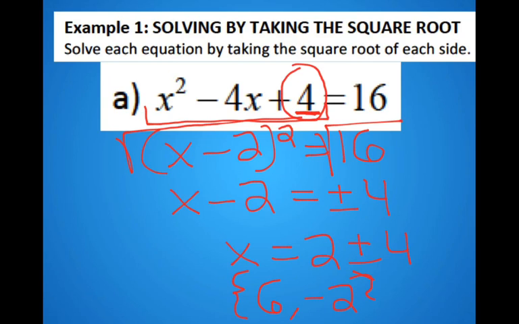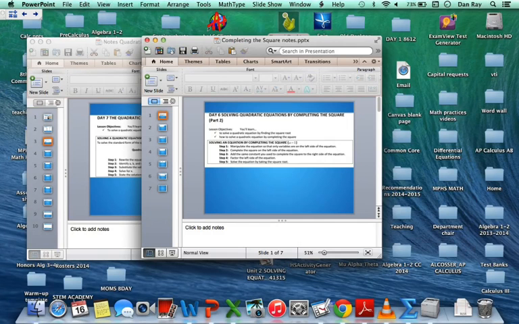So you can put that in set notation or however you like. So I think that'll do it for us on completing the square.